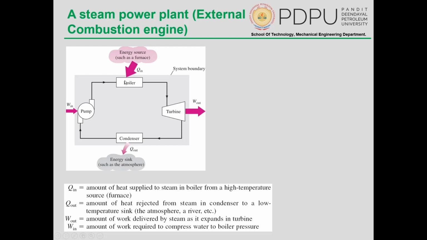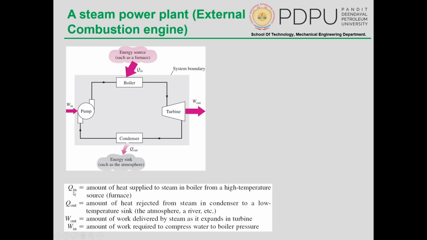We all know what the boiler does: it will heat up water and convert it into steam. The turbine will use this high temperature steam to generate certain work. The condenser will condense this steam to water, and the pump is to pump the water back to the boiler.